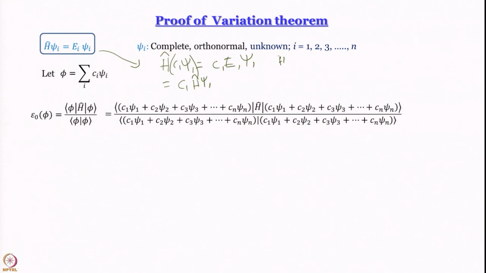Similarly, H operating on C2 psi 2 will be C2 E2 psi 2, so on and so forth. Okay. So, essentially this ket vector will become sum over I Ci Ei psi I.